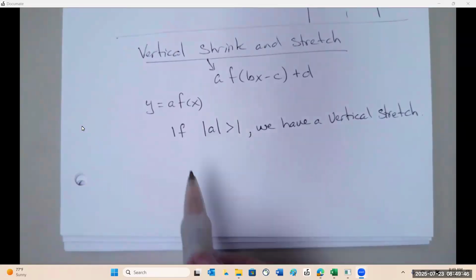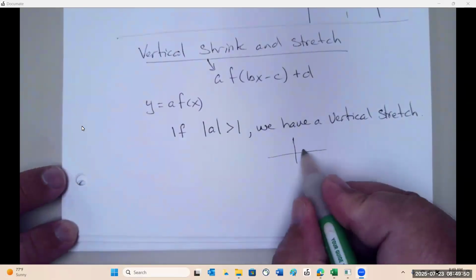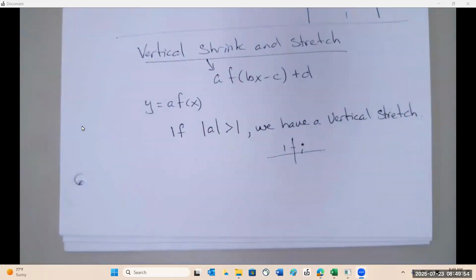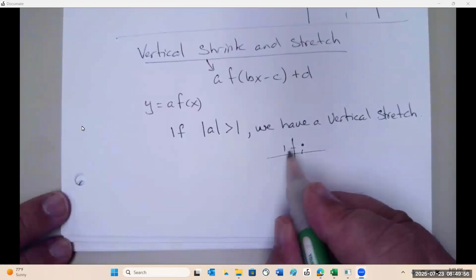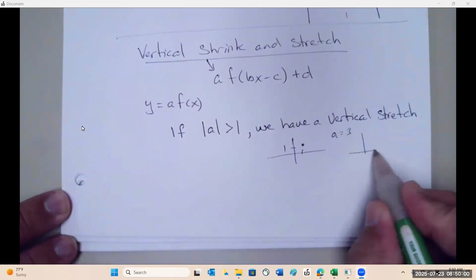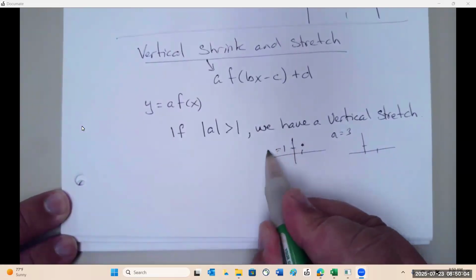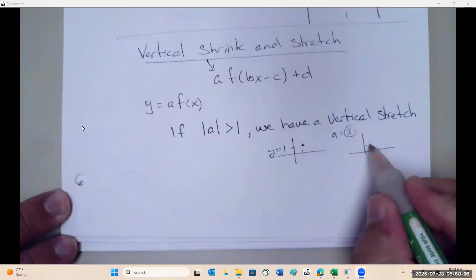Because if my y value originally was 1 and A was 3, I now take this y value and multiply it by 3.